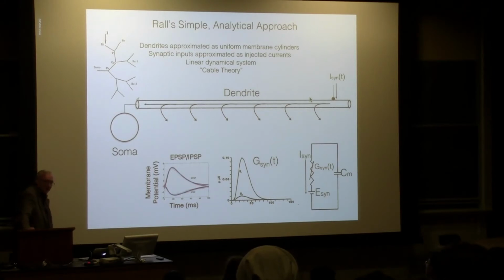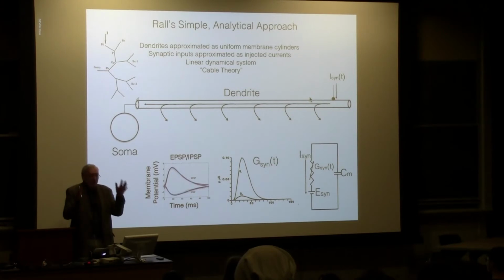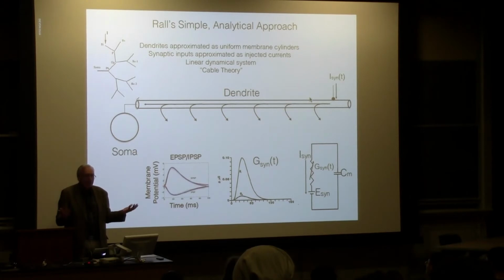They aren't going to go through the hydrophobic membrane. But they're going to leak out through channels. But Rall's core assumption is that we're going to think about the current voltage relationship of those channels as being completely linear, purely resistive. So there are channels, but there aren't voltage-gated nonlinear channels.